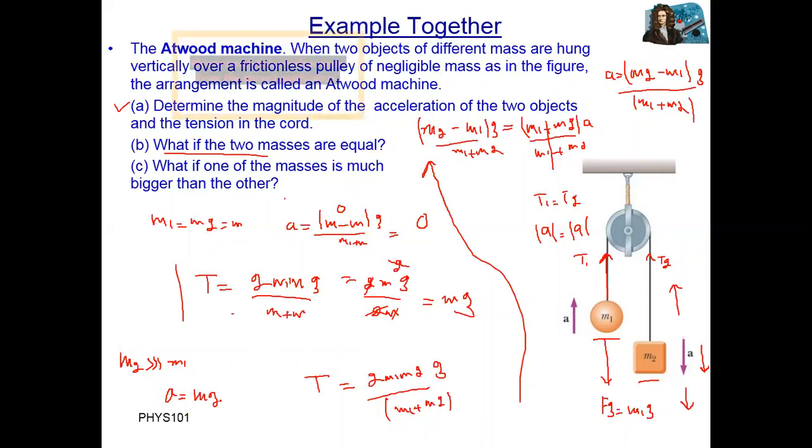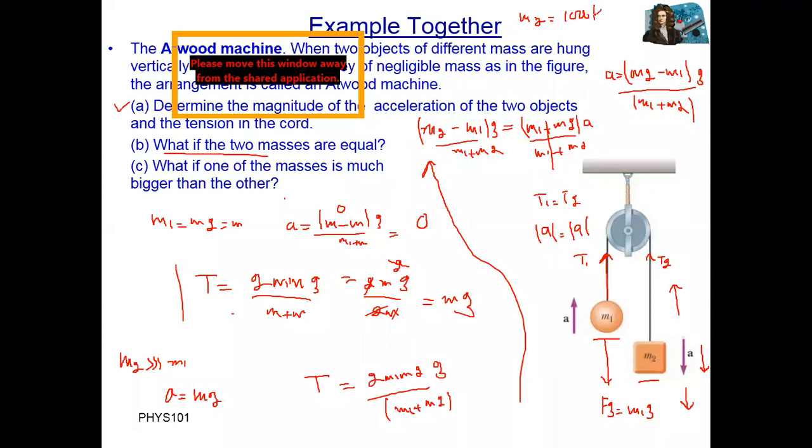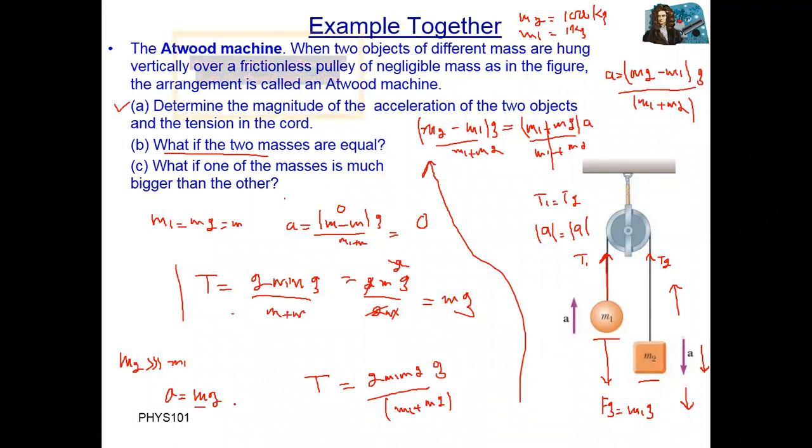For example, let's suppose mass number 2 is 1000 kg, and mass number 1 is 1 kg. So 1000 kg plus 1 kg, this is negligible. So I will write only m2. So m2 times g, divided by m1 plus m2.